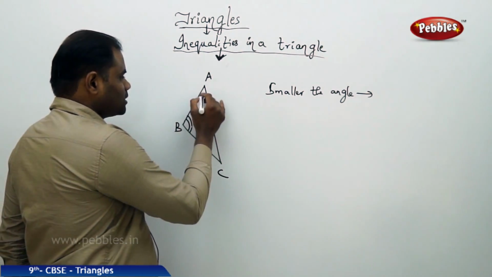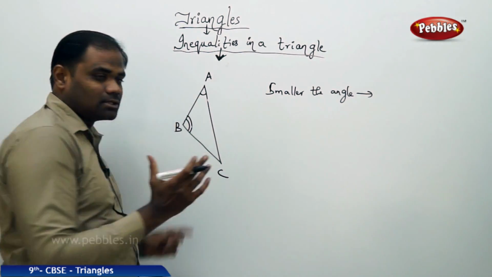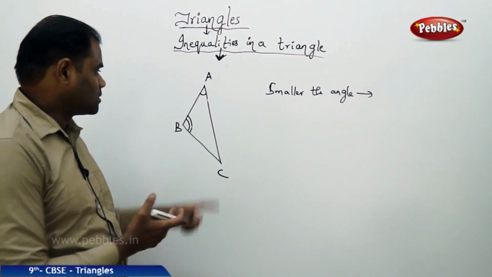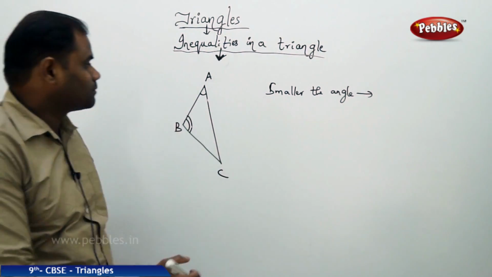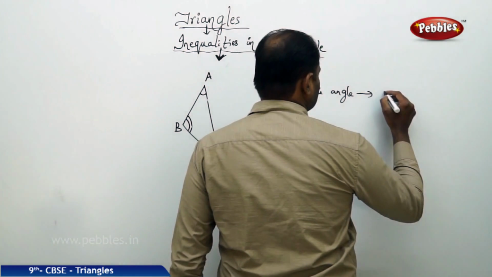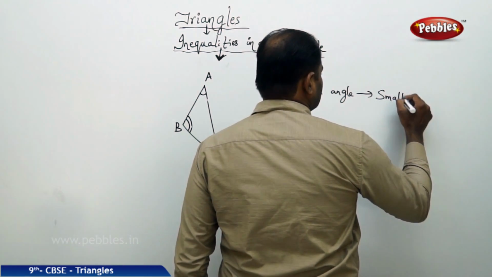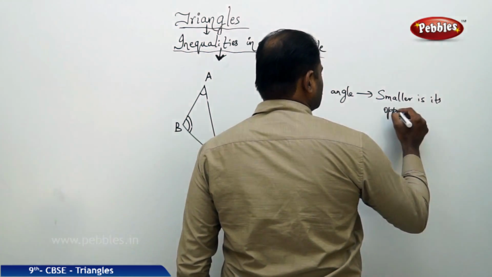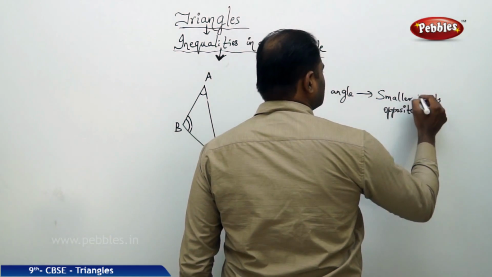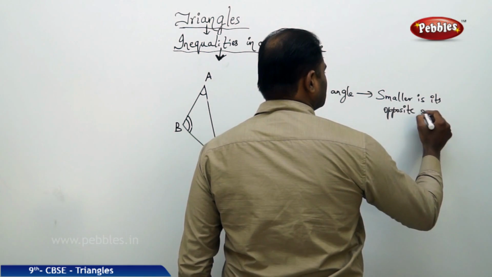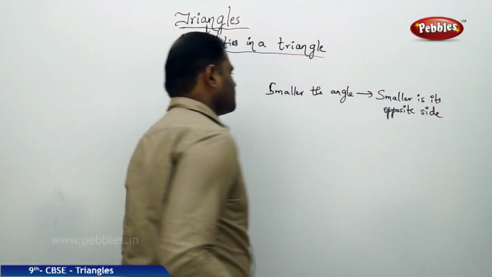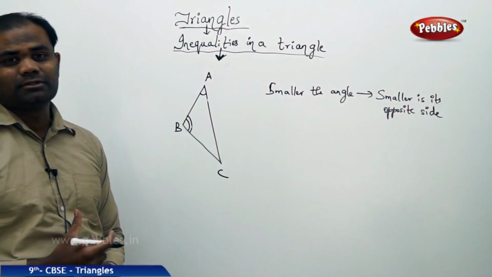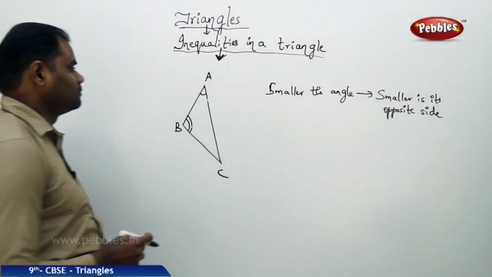Therefore, this being a smaller angle, BC is the smaller side, and angle B being the biggest, or the obtuse, AC is very long. Smaller the angle, smaller is its opposite side. And similarly, larger the angle, larger is its opposite side.